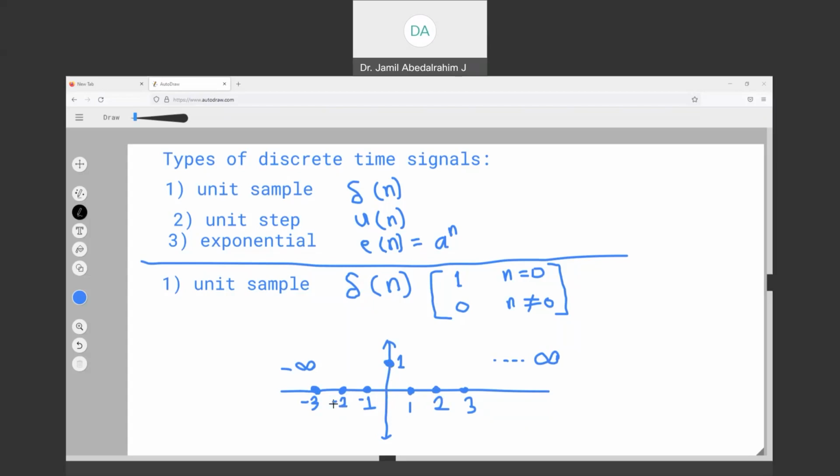The amplitude is 0. That means no signal. So only at 0 the value of the signal is 1, but at -3, -2, -1, 1, 2, 3, until infinity, the value of the signal is 0. That's the general idea of unit sample. Very simple. We will take some examples later.